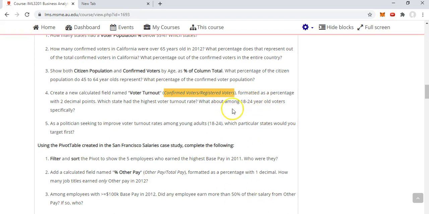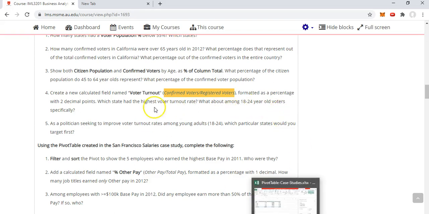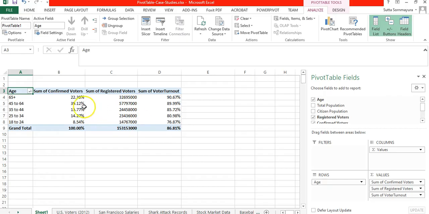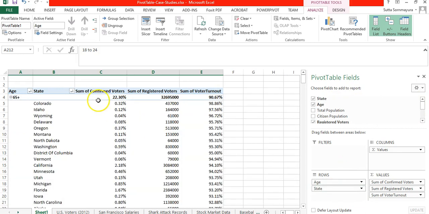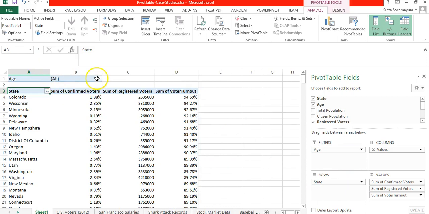What state has the highest voter turnout in this specific segment? So you can take the state, and you can take age to the filters.